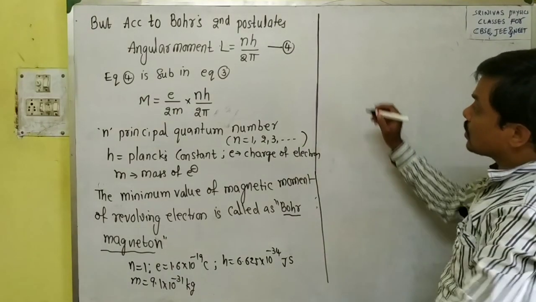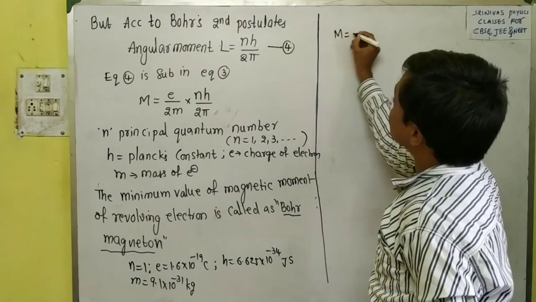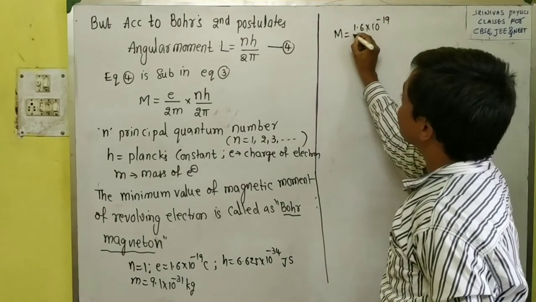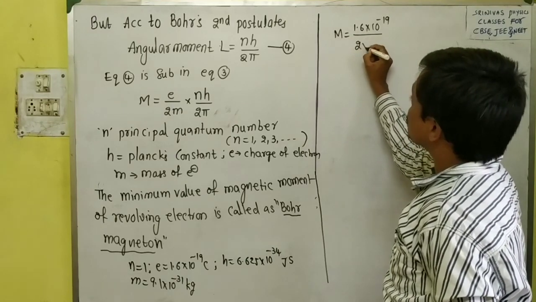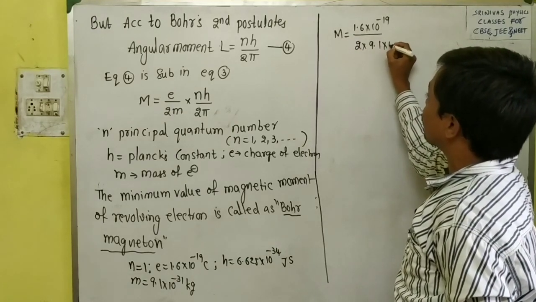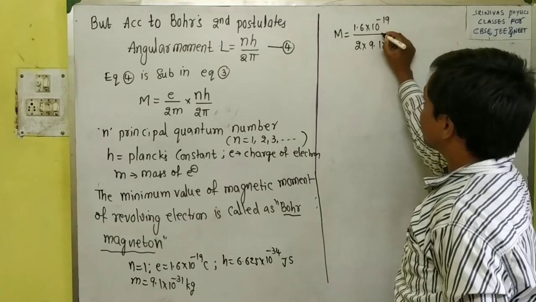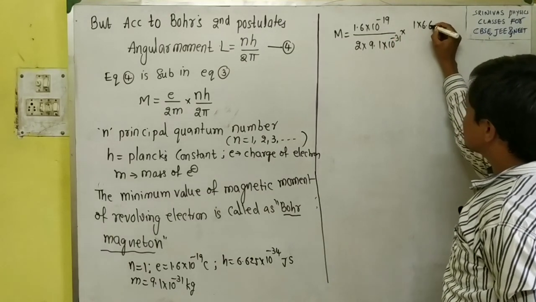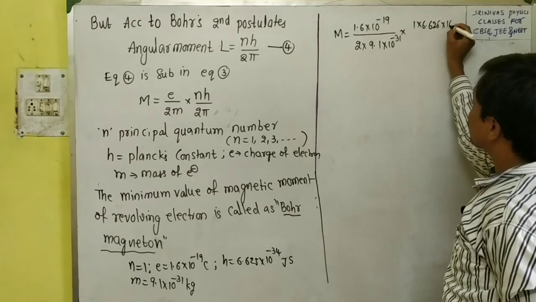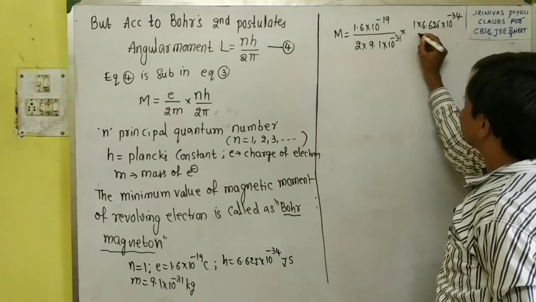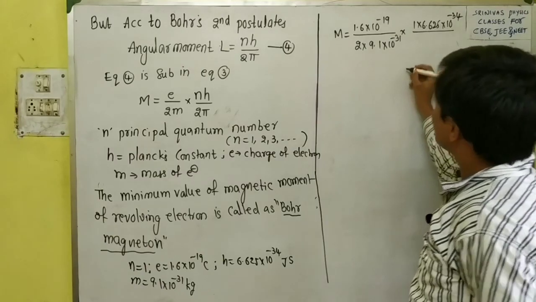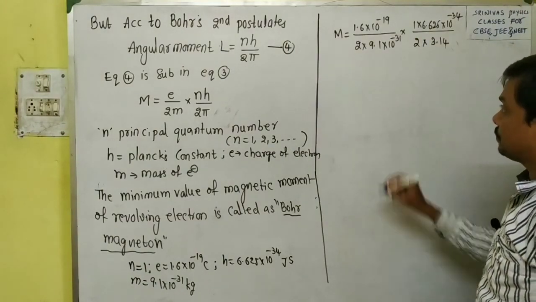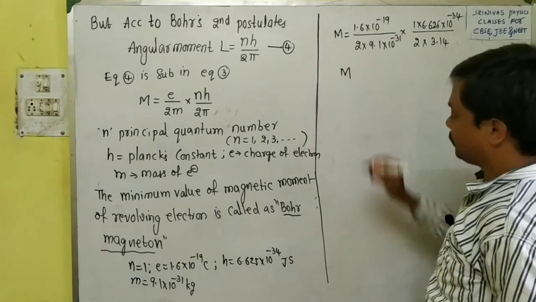Now you substitute all values in this. M is equal to 1.6 into 10 to the power of minus 19 by 2 into 9.1 into 10 to the power of minus 31, into 1 into 6.625 into 10 to the power of minus 34 by 2 into pi, where the value of pi is 3.14. After this you substitute.